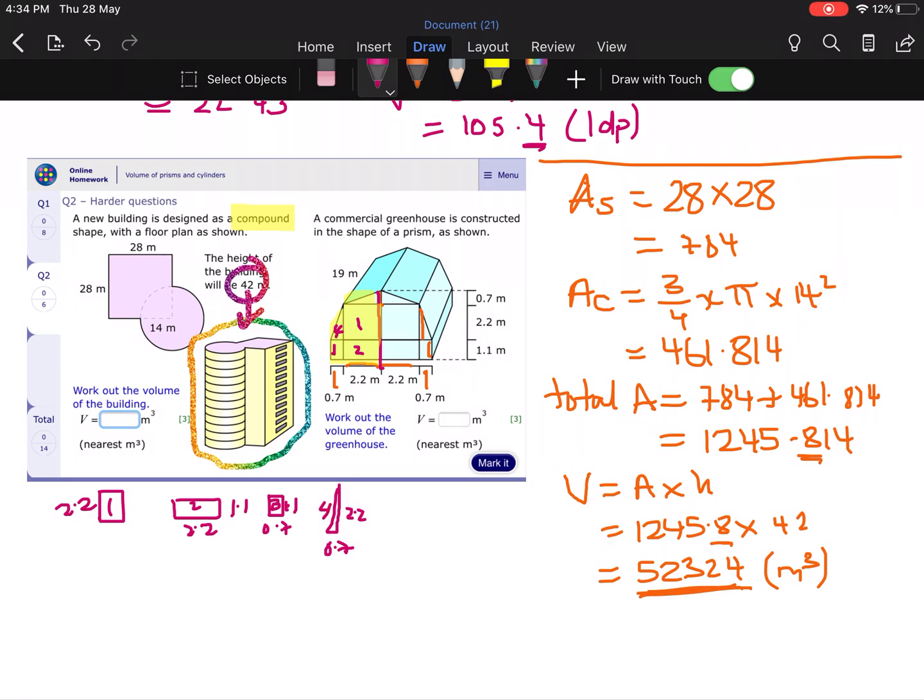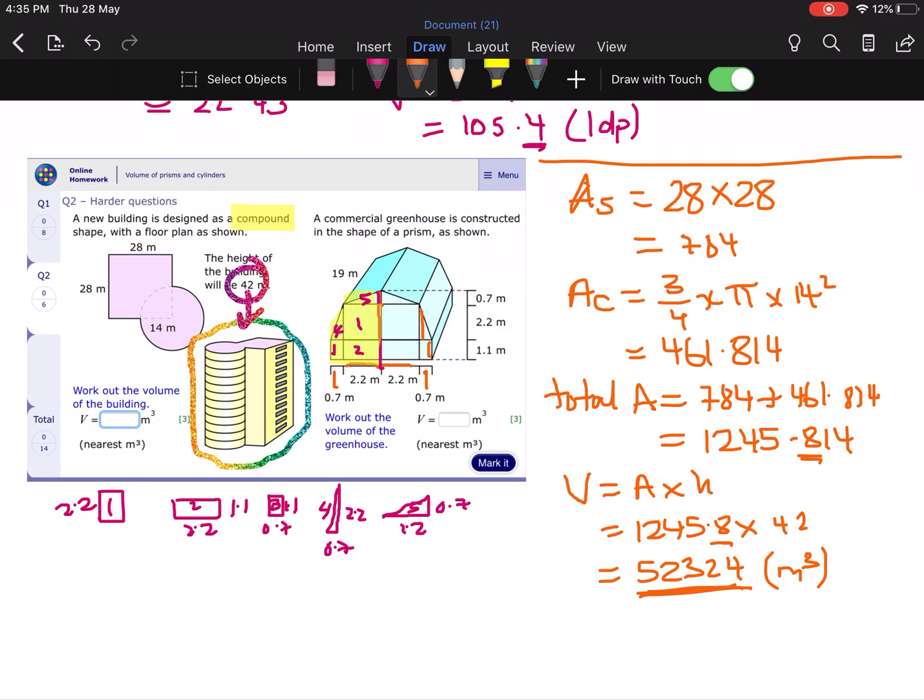And then I've got a horizontal looking one like this, which is 2.2 and 0.7. So actually these are the same but just rotated. So I can see that these triangles are the same but just rotated. So they should give me the same answer. But we'll do the calculations anyway.